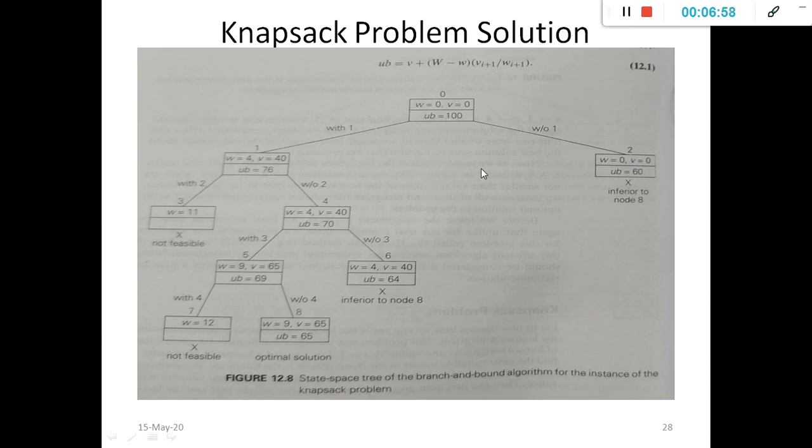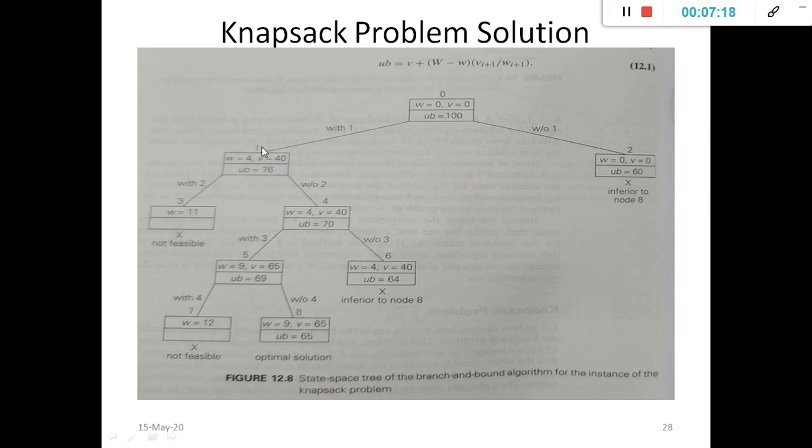Then again you have to compare the upper bound at node 1 and node 2. But you all know that the knapsack problem is an optimization technique and it is looking for the maximum profit value. When you compare 76 and 60, 76 is the maximum value.